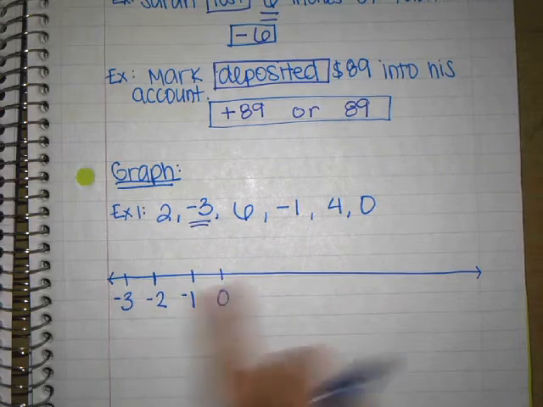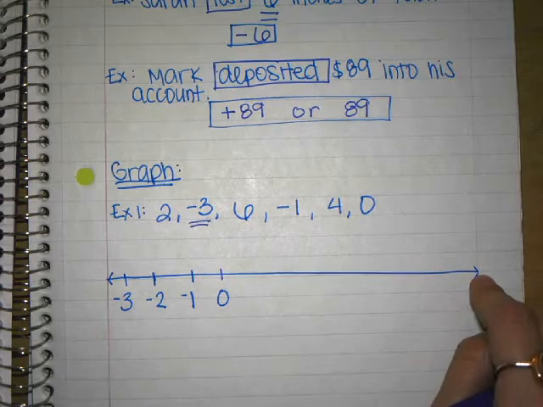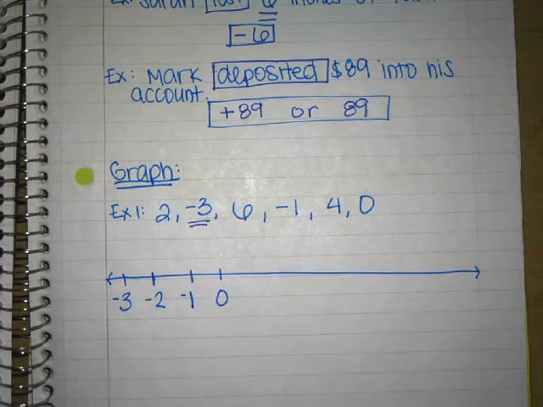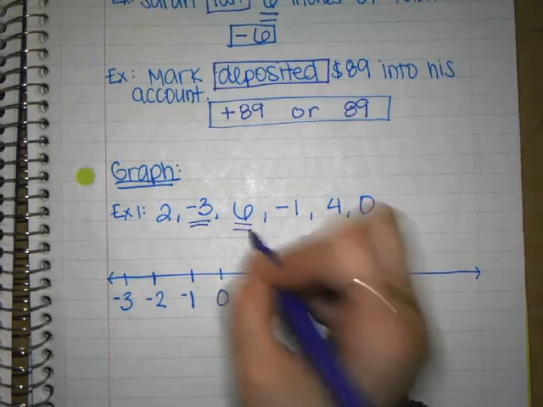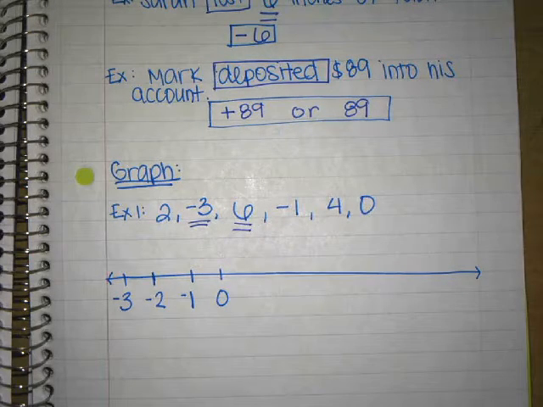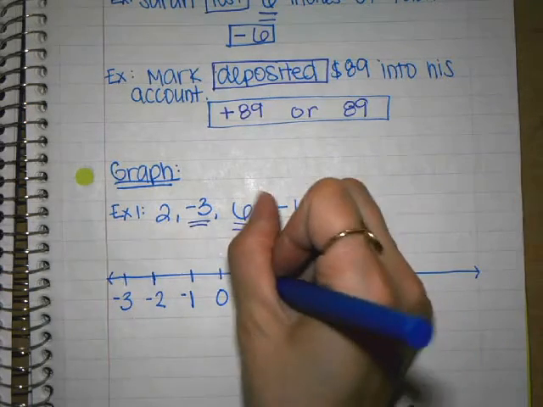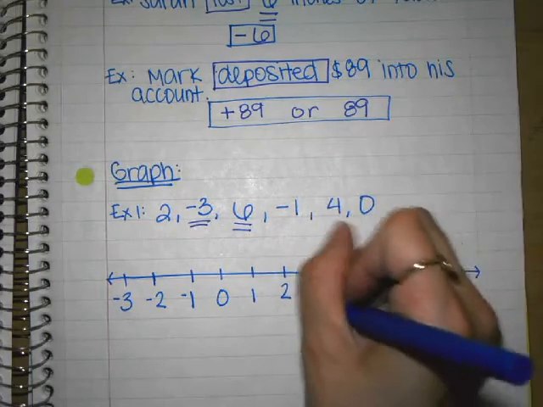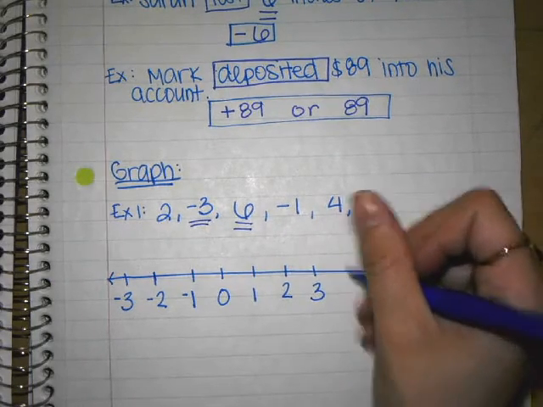Now, what number do I want to go to on the positive side? I want to go to 6, because 6 is my largest number, so I need 6 on my number line. So what comes after 0? Then what? Next?